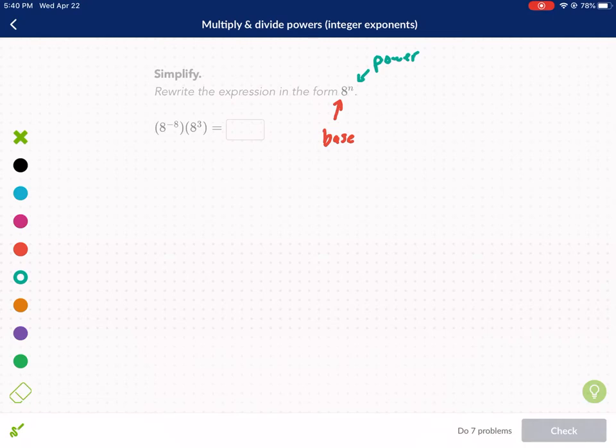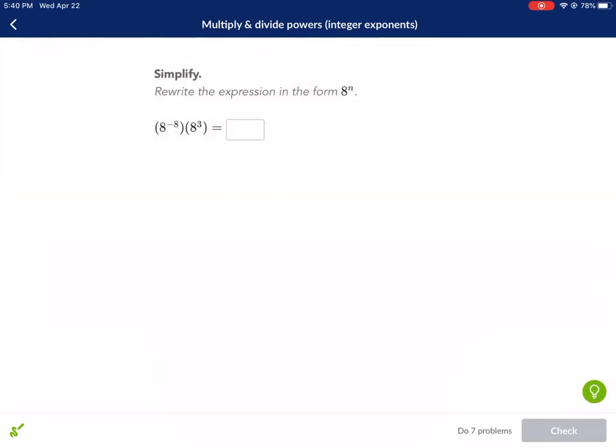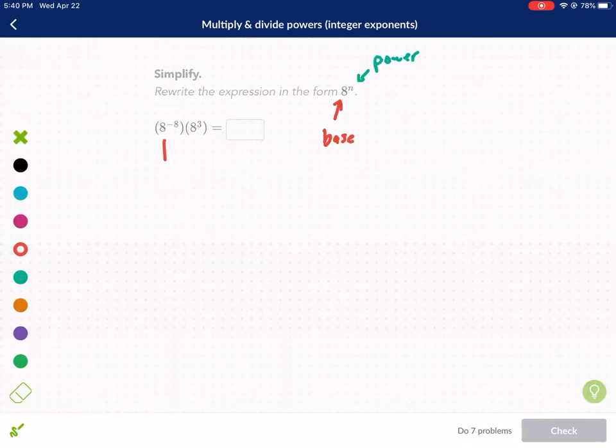So here, in our first example, we have a tough one, and I would advise you to watch the previous videos where we talk about multiplying like bases with exponents. But we should recognize that 8 and 8 are like bases. These bases are equal.